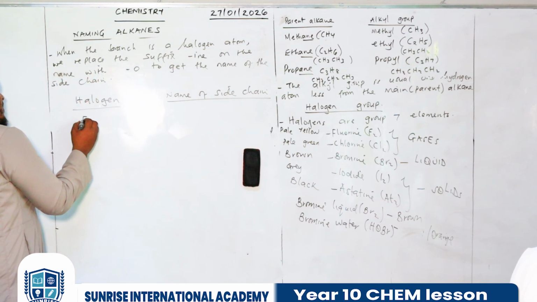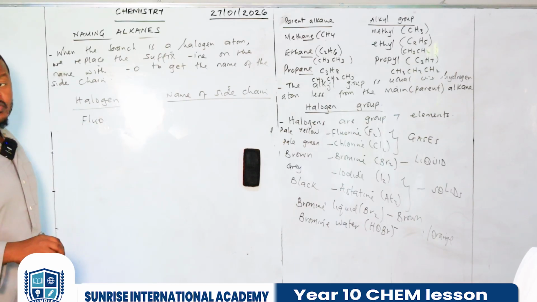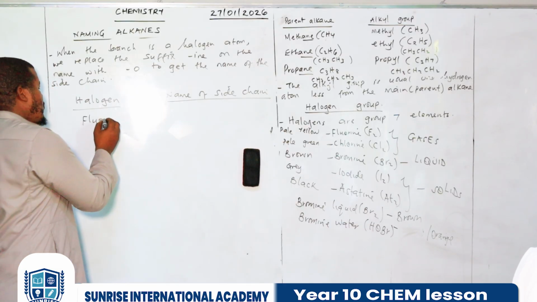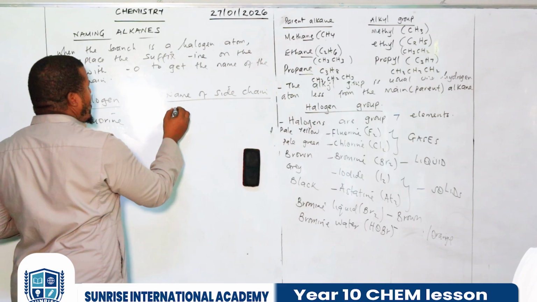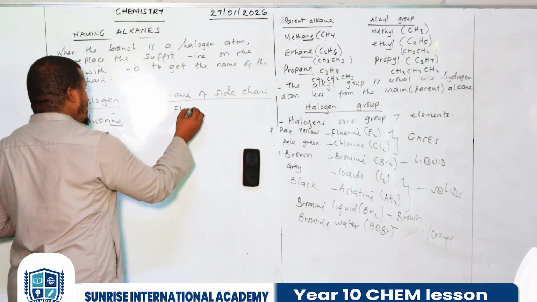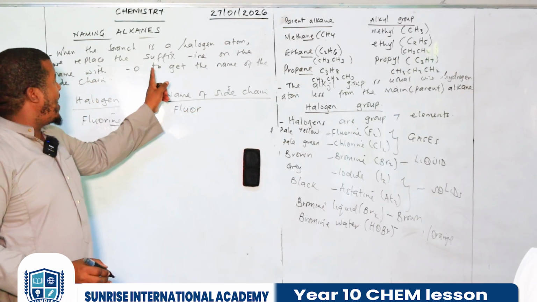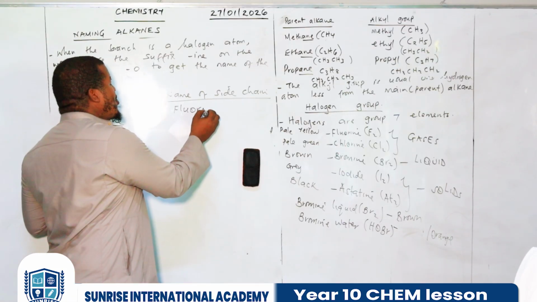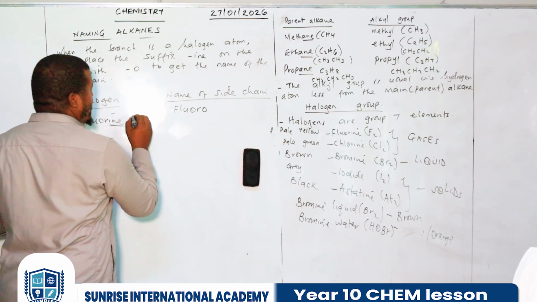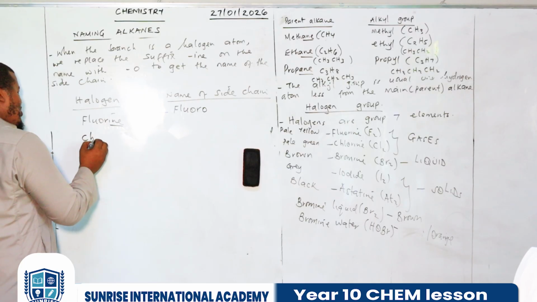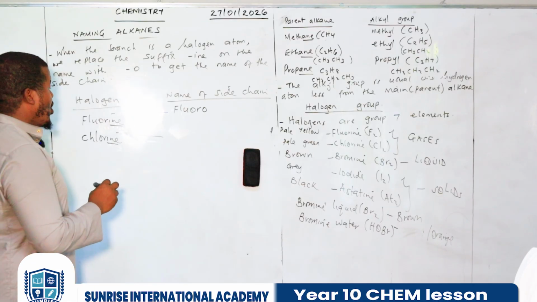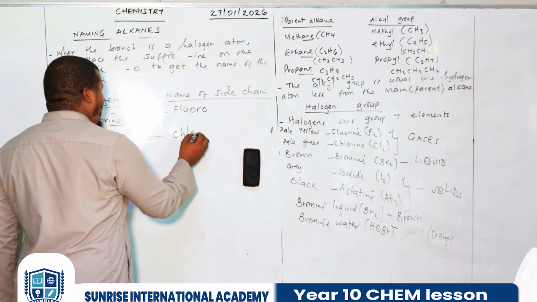Okay, so if you have fluorine, remember it's fluorine, not fluor. Most students make a mistake here. So we remove the INE, we have fluor. Then we add O. So fluoro. So the side chain will have a name, fluoro. Very important here. You have chlorine. Remove the INE, add O. You're going to have chloro.